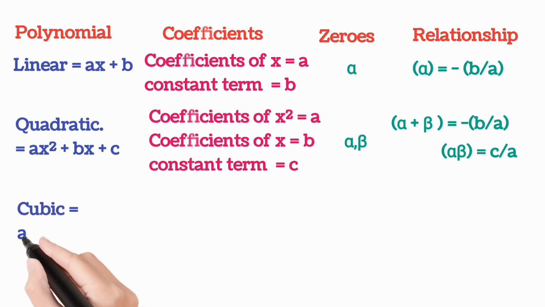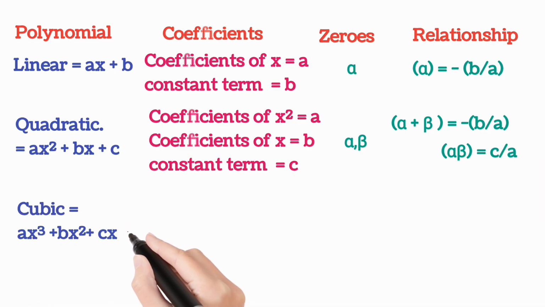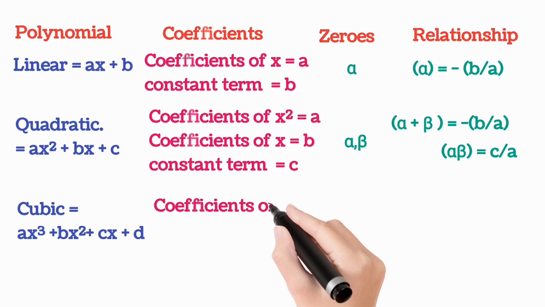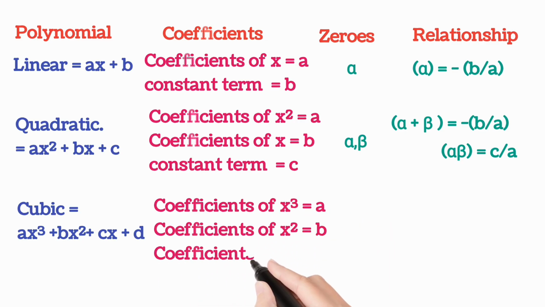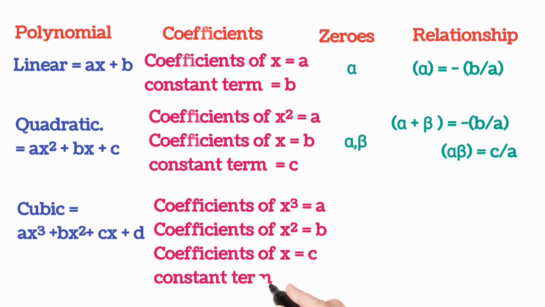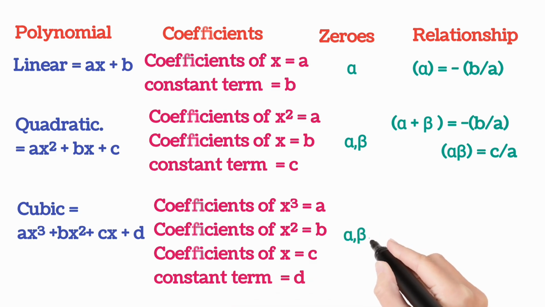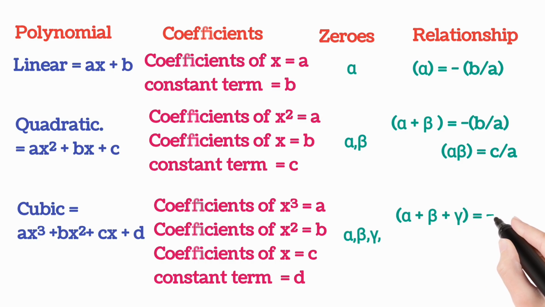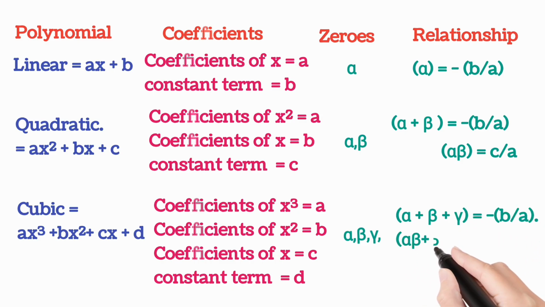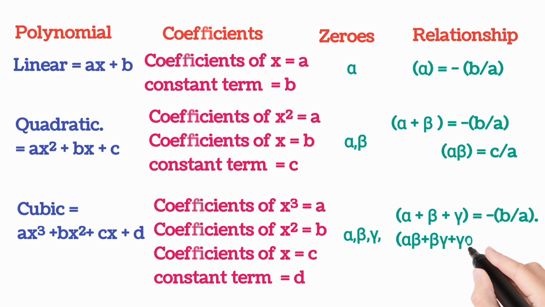For cubic polynomial ax cube plus bx square plus cx plus d, coefficient of x cube is a, coefficient of x square is b, coefficient of x is c, and constant term is d. Then if alpha, beta, gamma are zeros, alpha plus beta plus gamma is equal to minus b by a, and alpha beta plus beta gamma plus gamma alpha is equal to c by a.